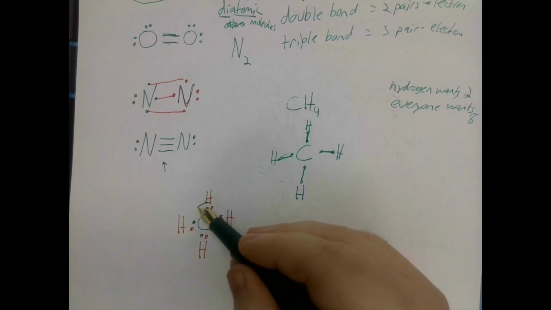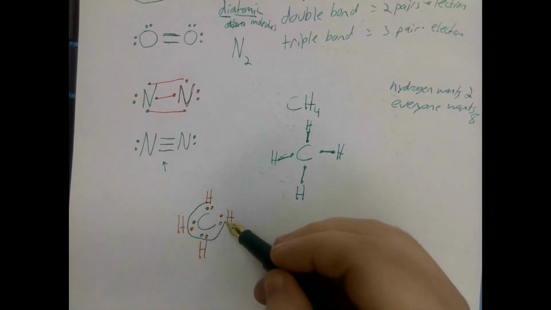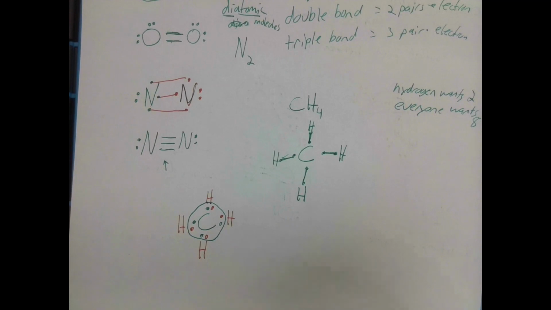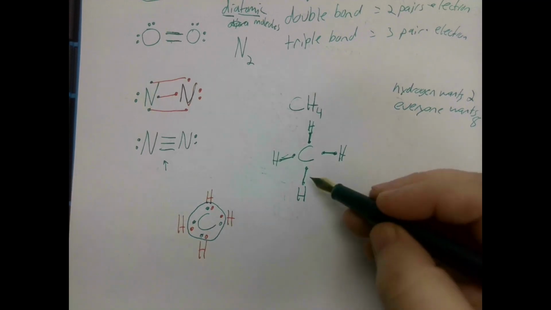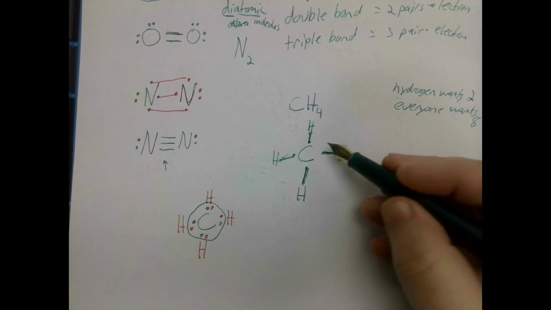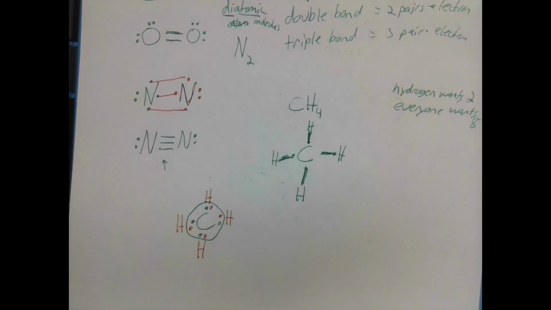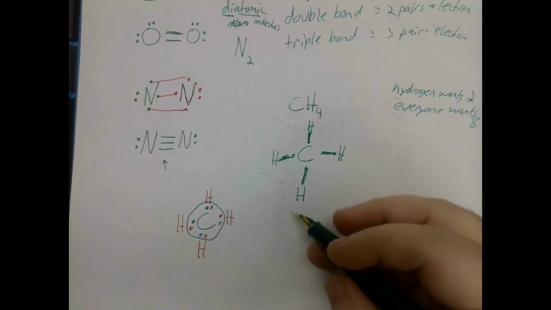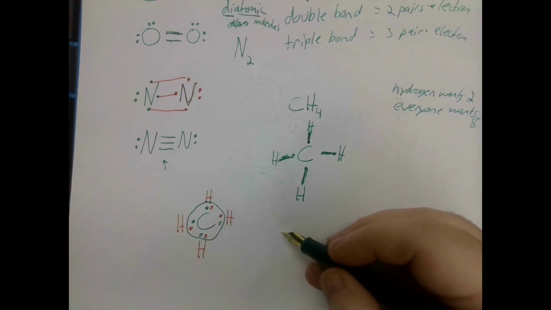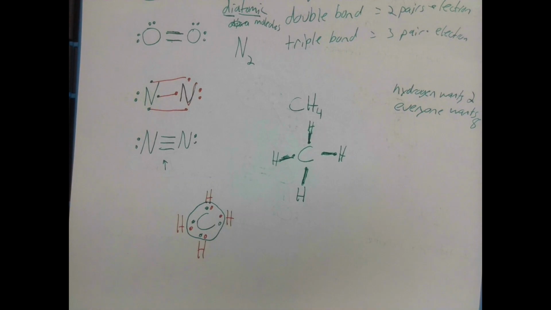And then we look at the carbon, which now has 8. So hydrogen only wants 2, everyone else wants 8. These lines count as 2. So carbon is going to have 4 lines on it.